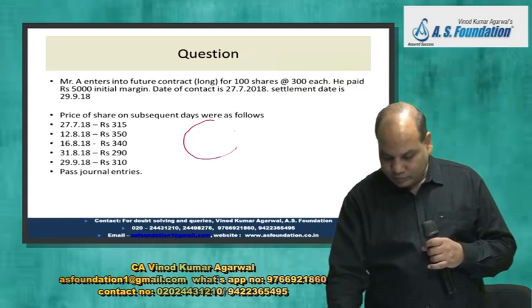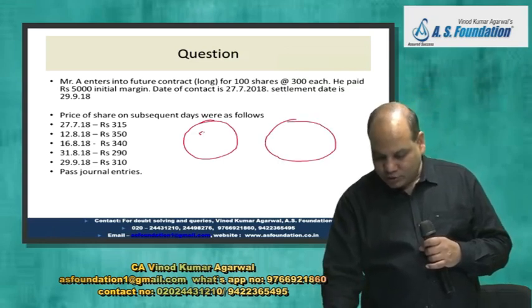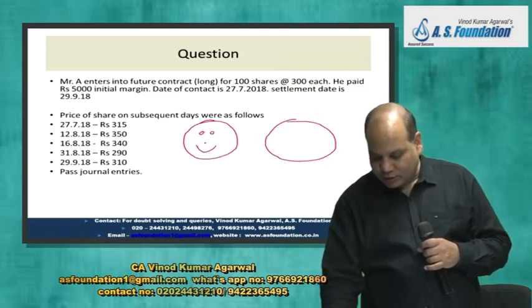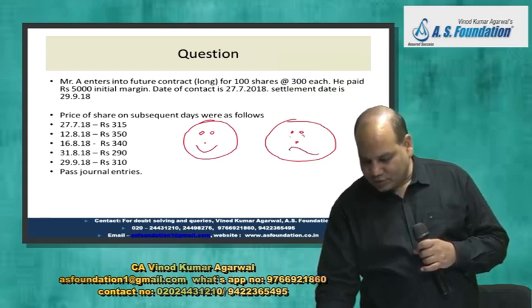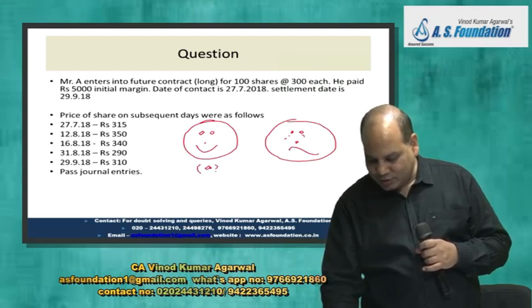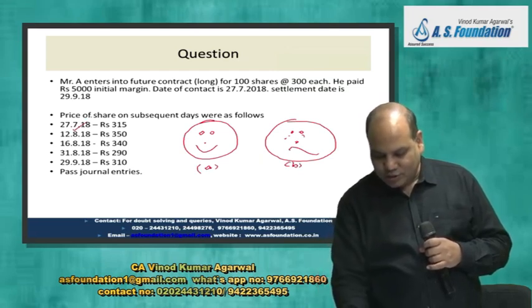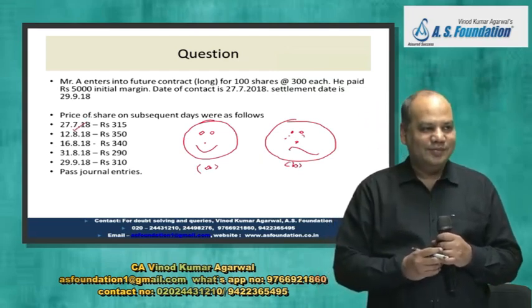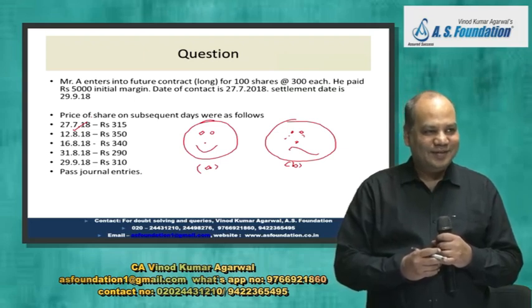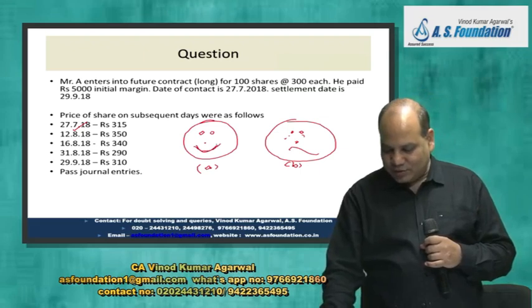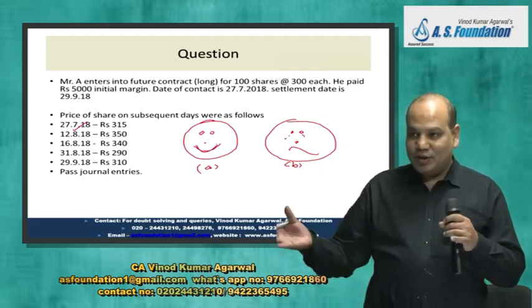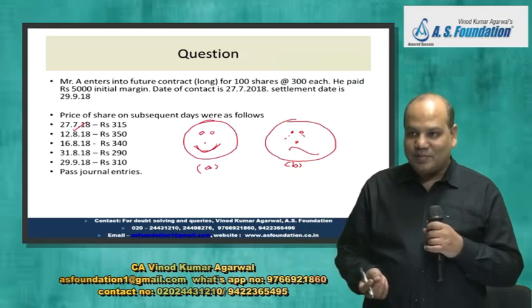Now tell me which of the two is right. Mr. A will have this face or Mr. A will have this face. Option A, option B. On 27 July 18. A. Why? Long. So we'll have a long smile, because now there is a potential gain of 15 rupees.